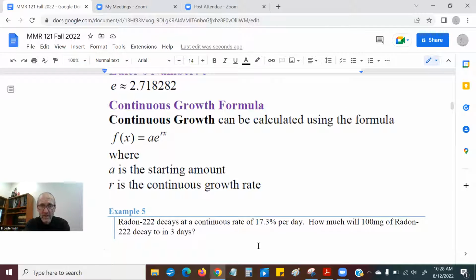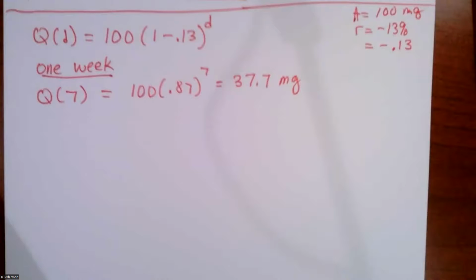So f of t, or I'm going to say f of d. Actually, I think I'm going to do this by hand.